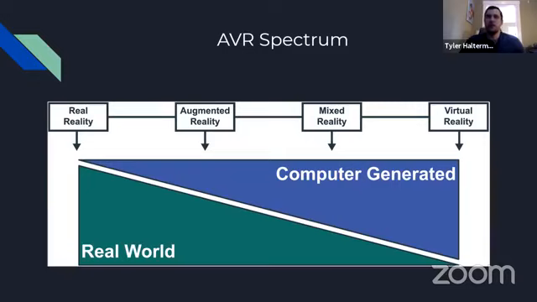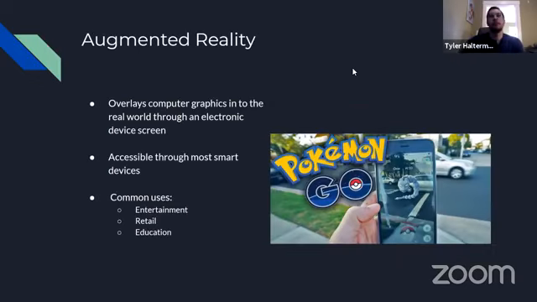If you scale back a little bit, you have your real reality, and then you have some computer graphics overlaid on top of it. That's where you get into the augmented reality and mixed reality field. Augmented reality, like I explained, is a mixture of the two.